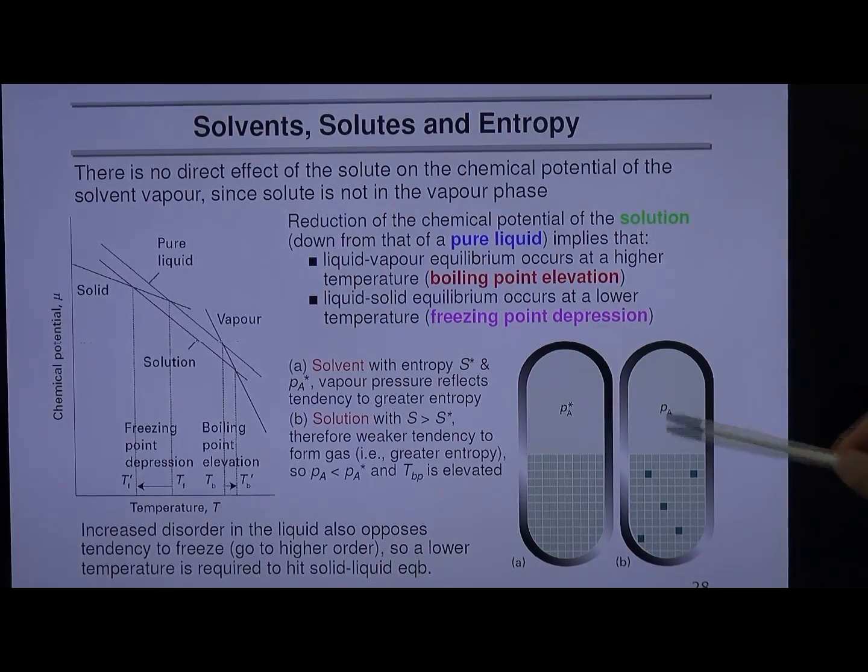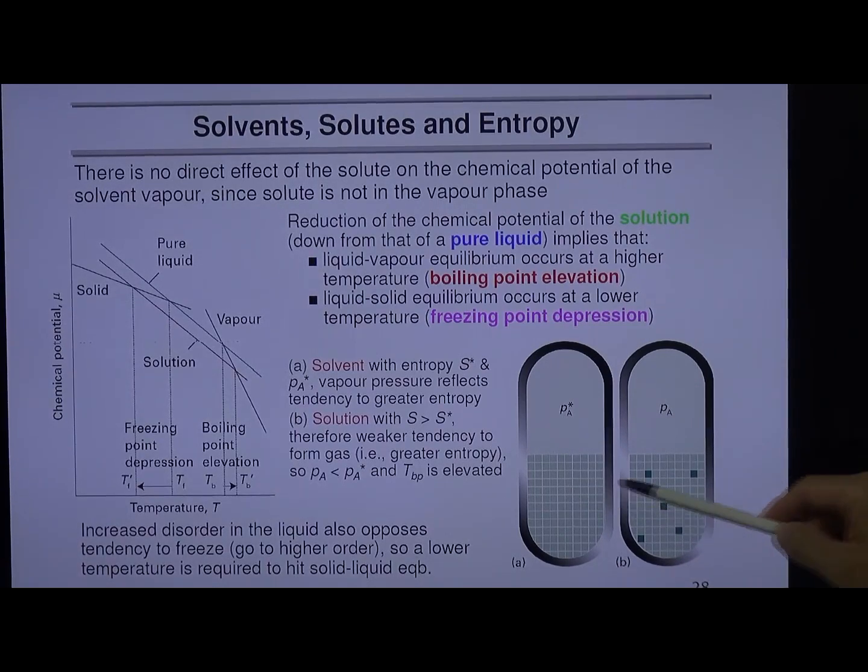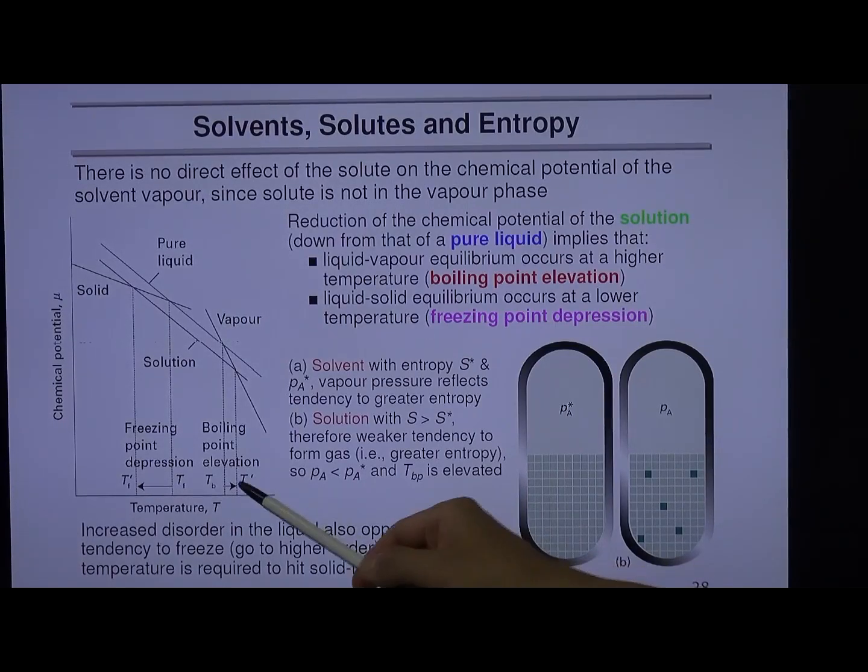So vapor pressure is lower. So to make this material boil, we need to heat more. The temperature will be higher. Basically, boiling temperature will be higher for this solution compared to pure form. Okay, that's why we are experiencing boiling point elevation when you add solute.